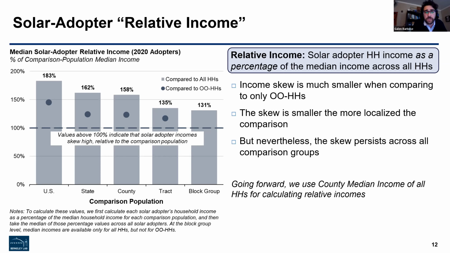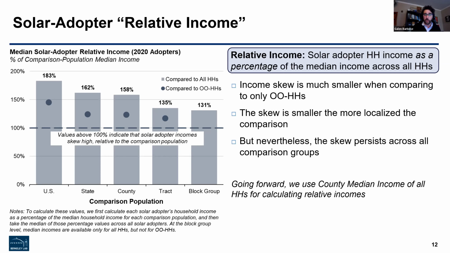So as we go from comparing on the left-hand side to national median incomes to, on the right-hand side, median incomes of just other households in the same tract or block group, those differences diminish, but they persist even at the smallest, most localized comparison here. You can see that solar adopters still do skew higher in terms of income.